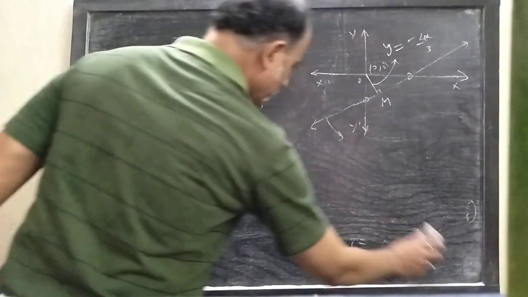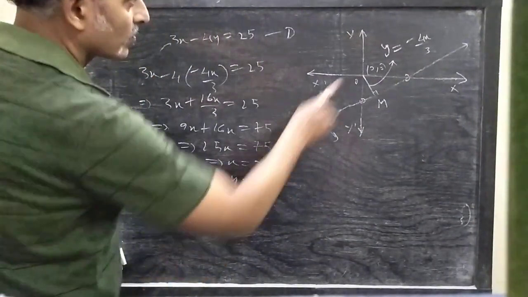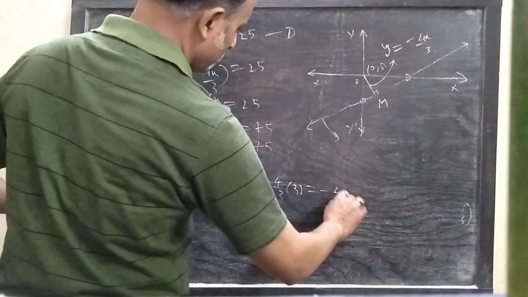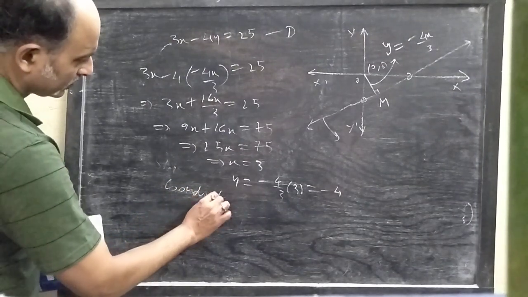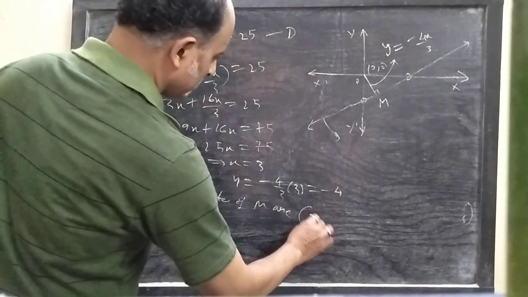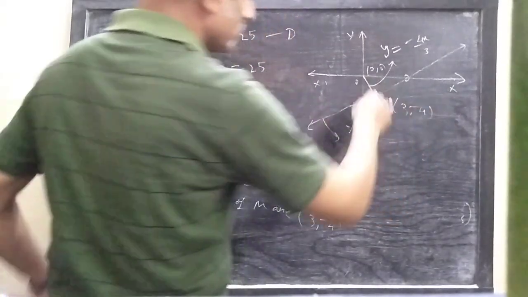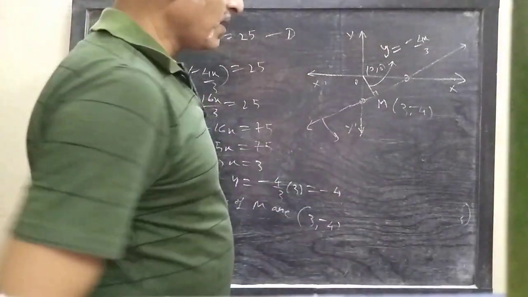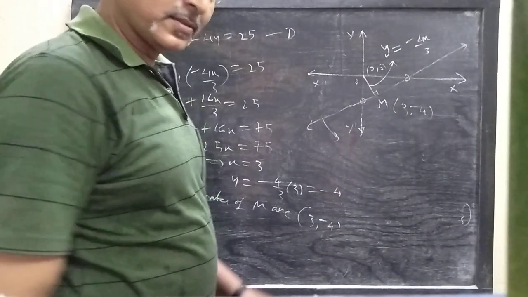Therefore, y equals, put here -4/3 into 3, that is -4. Therefore, the coordinates of M are (3, -4). So, you have got the answer. M(3, -4) is the required point on the given line which is nearest to the origin.